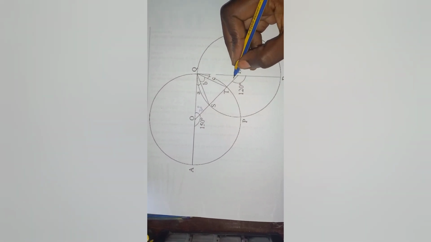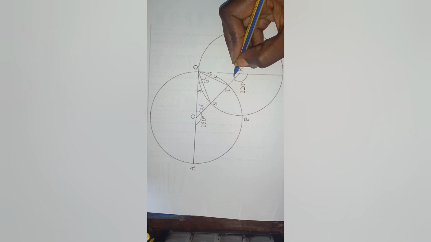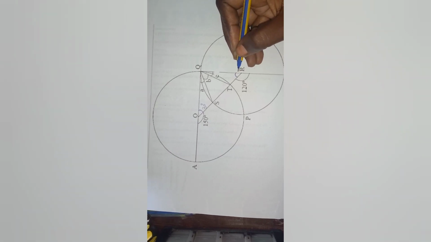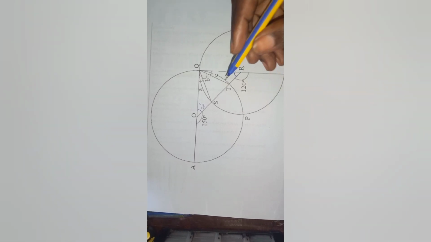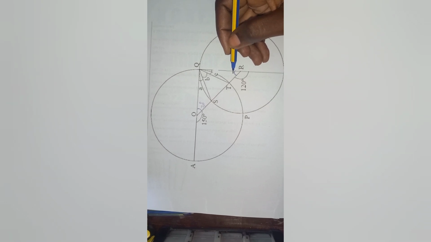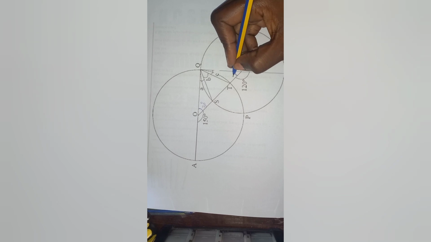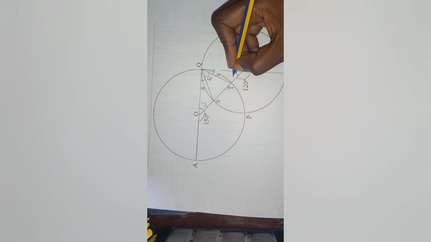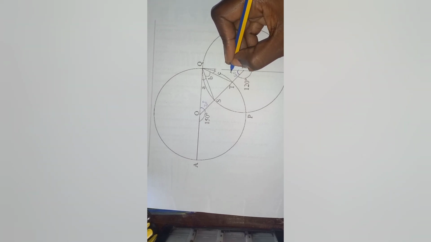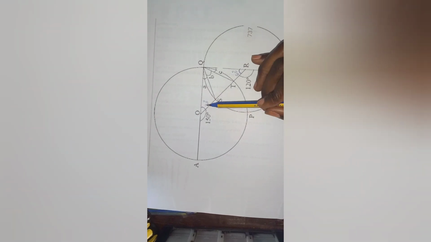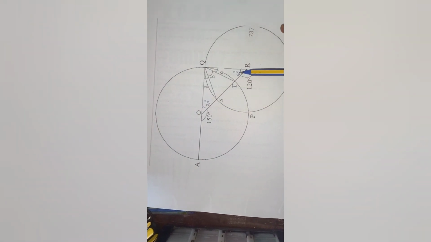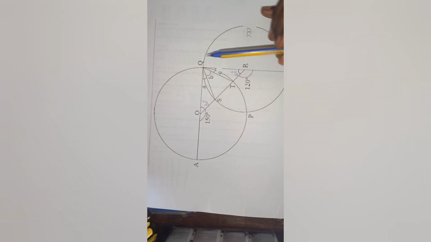Also we can get this angle using the same rule. We'll take 180 subtract 120, and we'll get there to be 60 degrees.